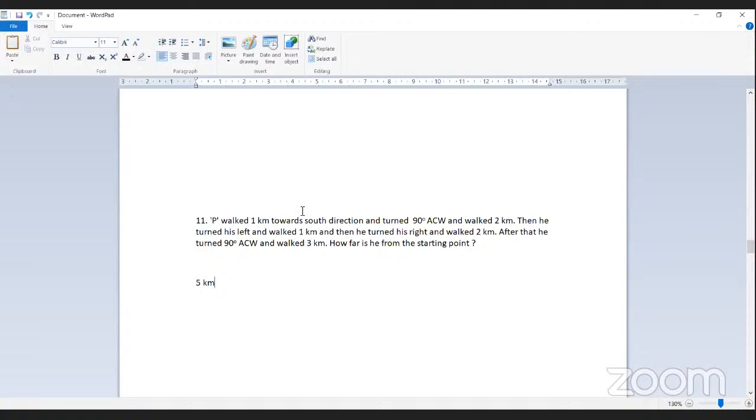Then he turns to his right, so it will be east. Walks 2 kilometers again, after which he turns 90 degrees anti-clockwise again. Which direction is he facing now? North again, 3 kilometers. Correct. 3, 4, 3. It is 5 kilometers. It would be a right angle triangle. Correct?